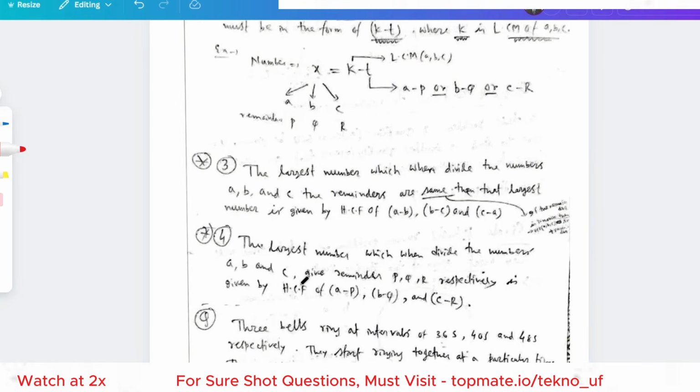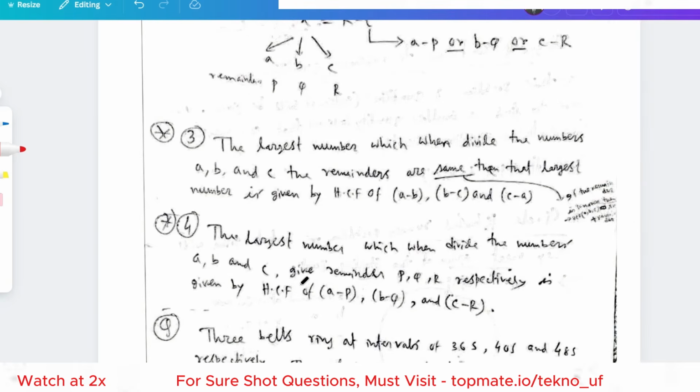So let me share the third and fourth scenario. The largest number which, when it divides the numbers a, b and c, leaves the same remainder, is given by the HCF of a minus b, b minus c, and c minus a.